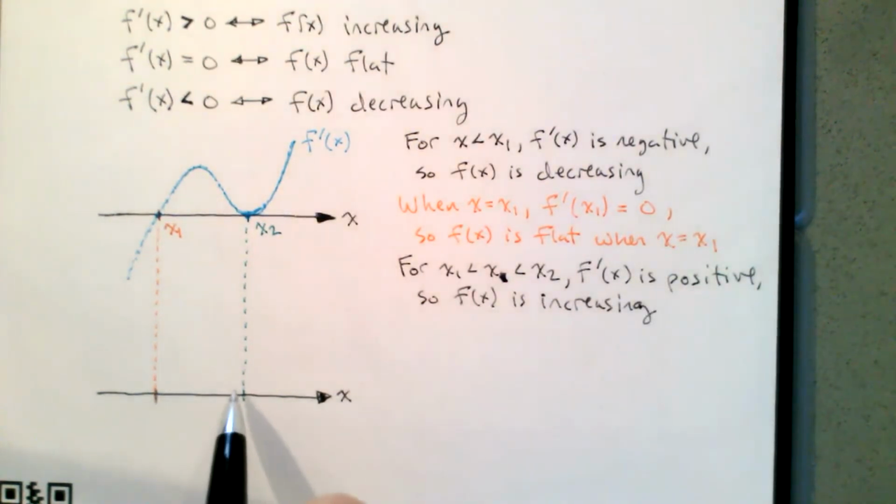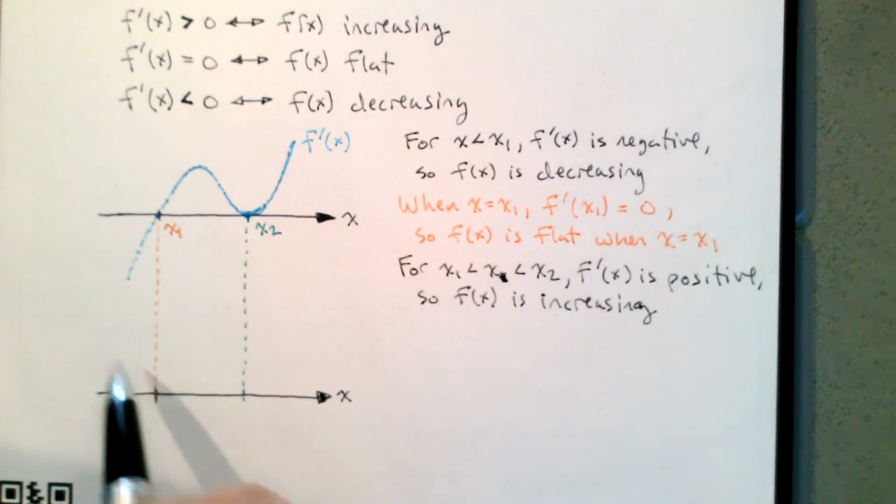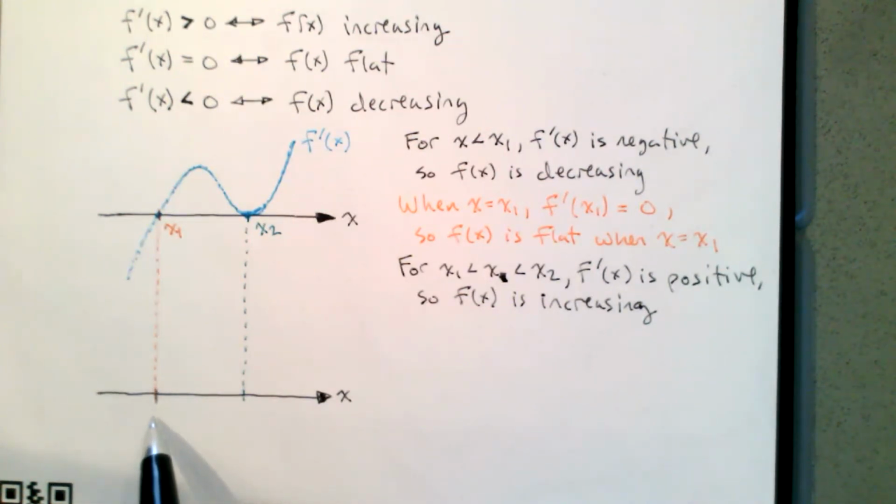Whatever I draw down here for f of x, it needs to be increasing. So we can see a lot already. Before x1, we draw something decreasing. At x1, it needs to flatten out. And then between x1 and x2, it needs to increase.